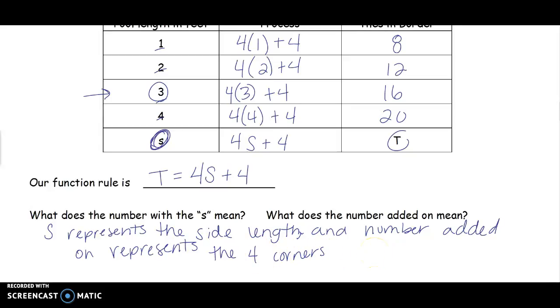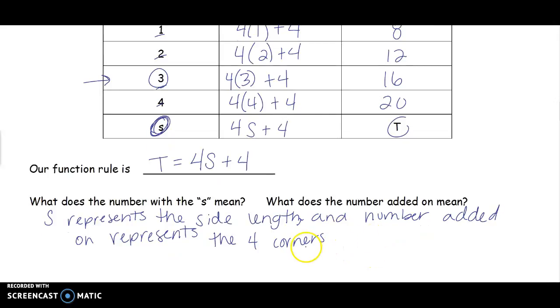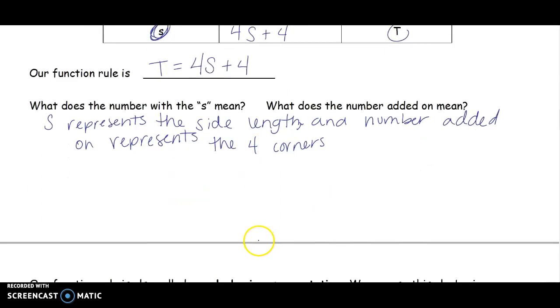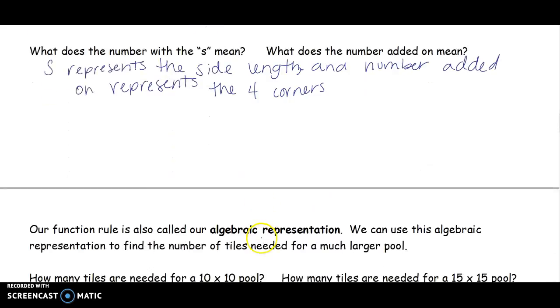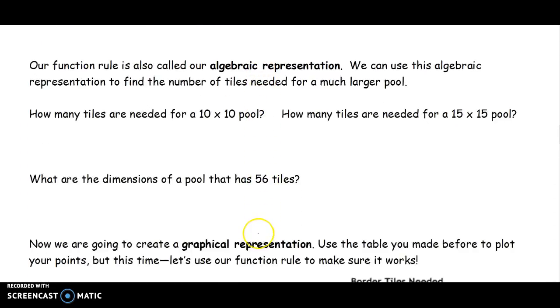Okay? So the one really cool thing now that we have our function rule is there's 3 other representations we could talk about using the function rule. The first one is algebraic representation. Well, we really have seen this one every day in algebra, ever since you've been pre-algebra or algebra.